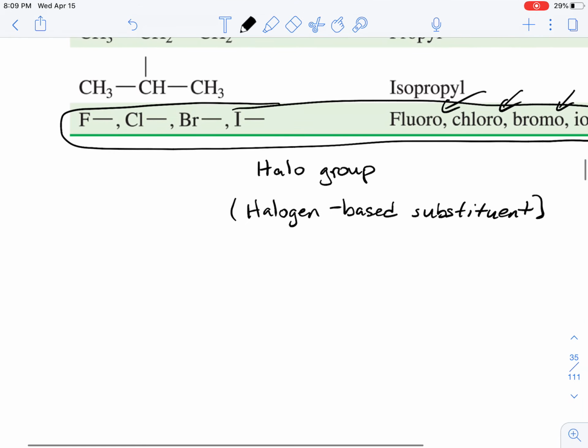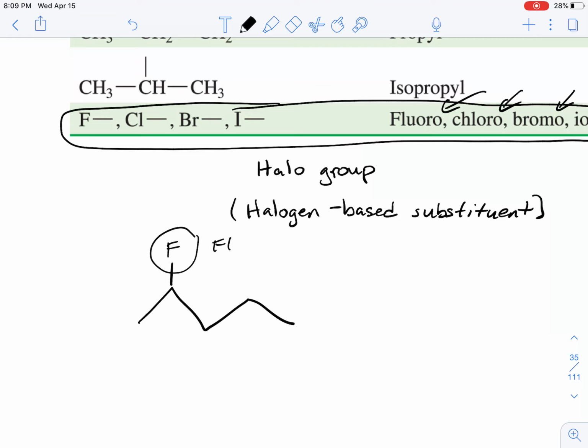For example, and we've already seen it in the very beginning of this lecture, you can have a fluorine here, and this substituent is going to be a fluoro. Or if you have a bromine here, this substituent is going to be bromo.